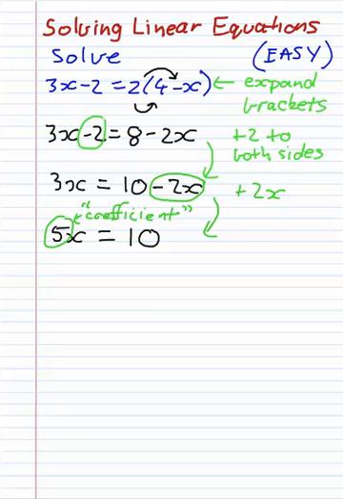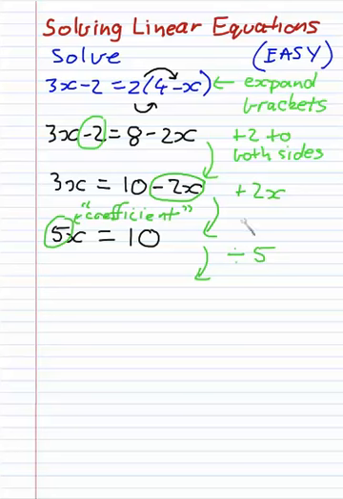If you see the word coefficient, it just means the number that multiplies. So 5 is the coefficient of x because it's the number that multiplies by x. It just saves us saying the number that multiplies by x. So if we need to get rid of this 5, and the 5 is multiplying by x, then what we should do to both sides, in this final step, is divide both sides by 5.